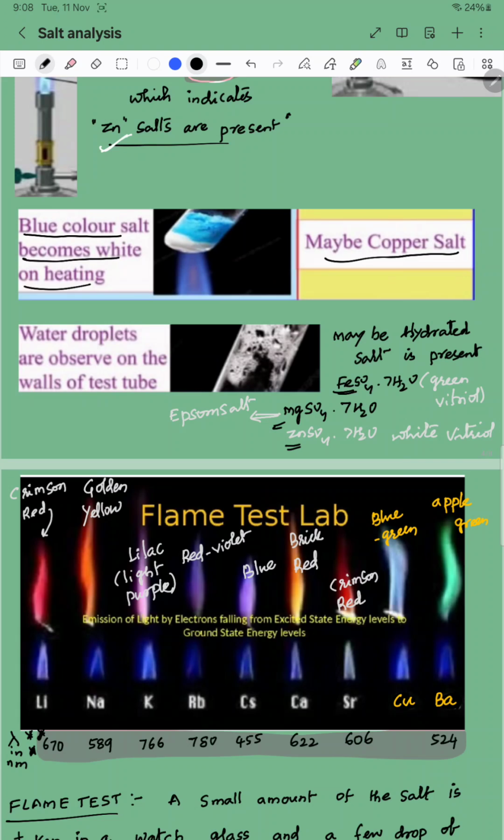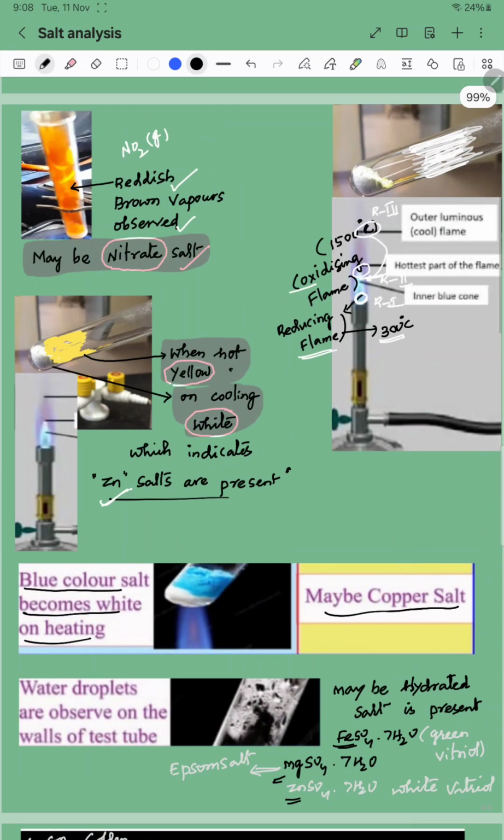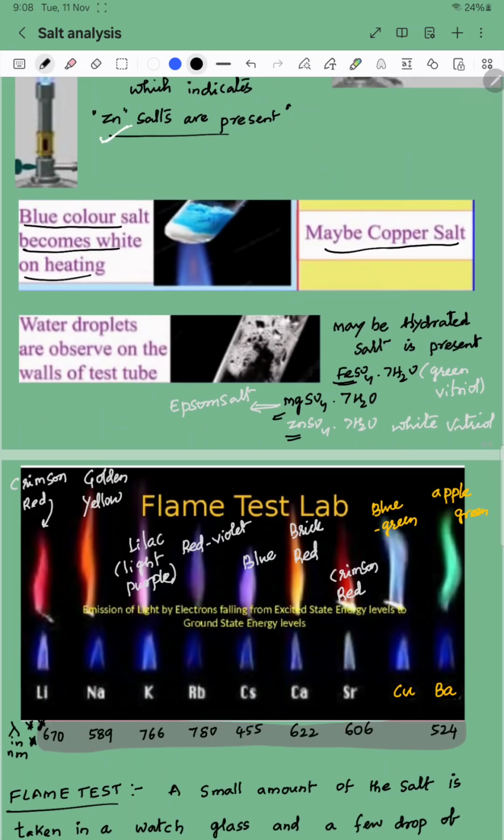Some common names: iron sulfate, FeSO4 7H2O, we call green vitriol. Zinc sulfate we call white vitriol, and MgSO4 we call Epsom salt. So this is the action of heat.